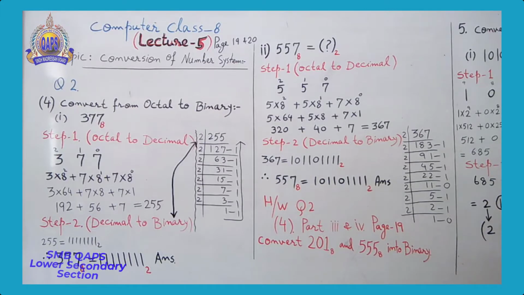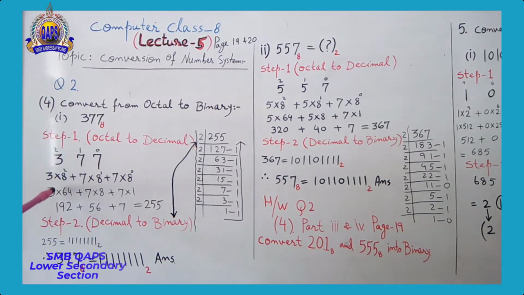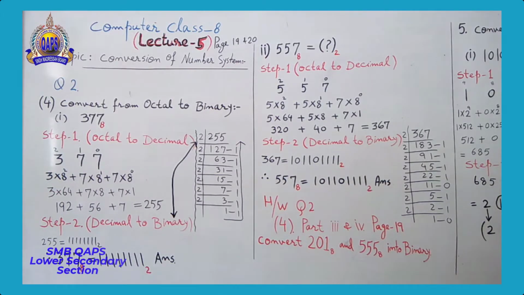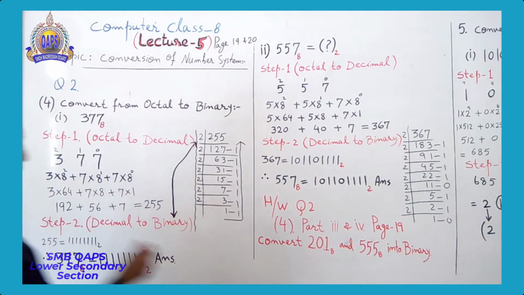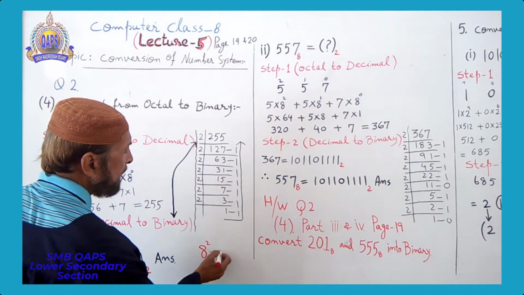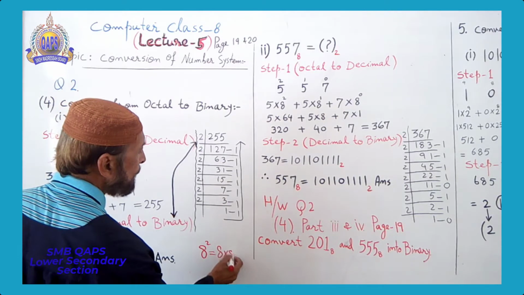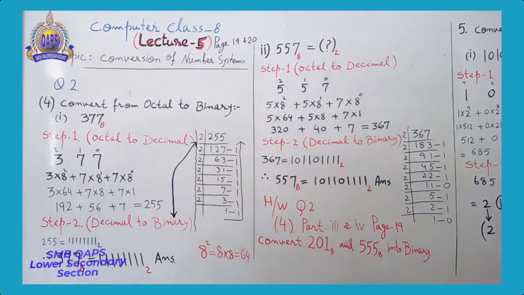Now I am starting. 3 multiply by 8 raised to the power 2 means 64. Why? The reason is that 8 to the power 2 means 8 into 8 is equal to 64.